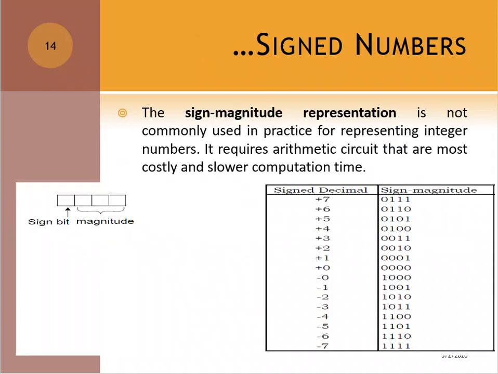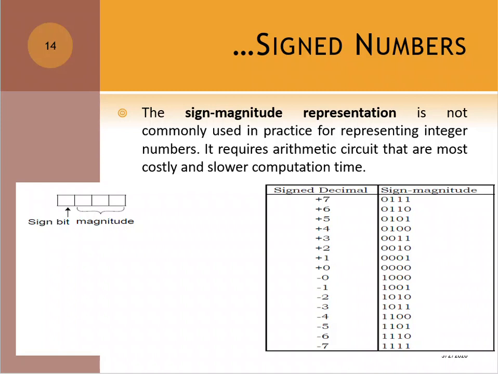Sign magnitude representation, however, is not commonly used in practice for representing integer numbers because it requires arithmetic circuits that are more costly and have slower computation time. But for our learning purpose, we are going to learn this approach also.